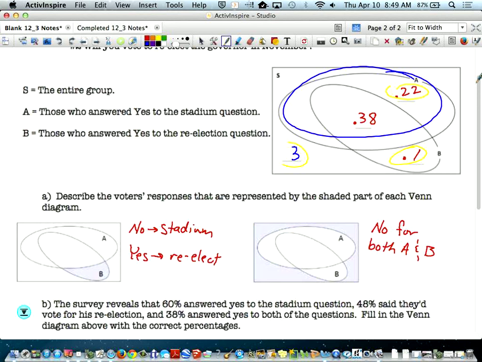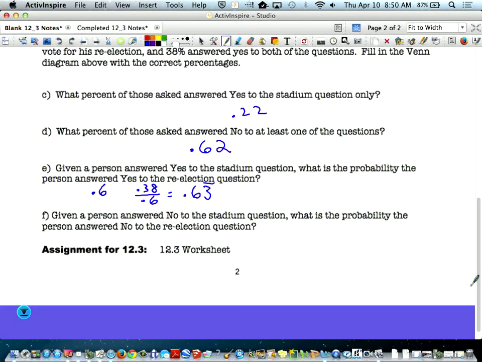These two numbers are yes to the stadium, right? The 0.22 and the 0.38 are the stadium question. So how many said no to the stadium question? 0.4. So I'm going to write that down. That's the no to the stadium question.